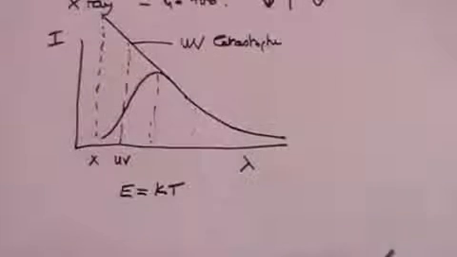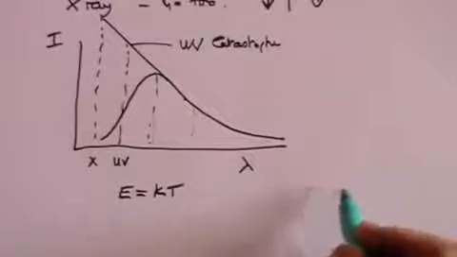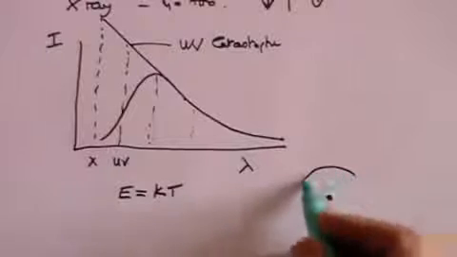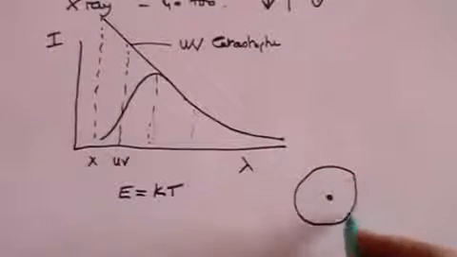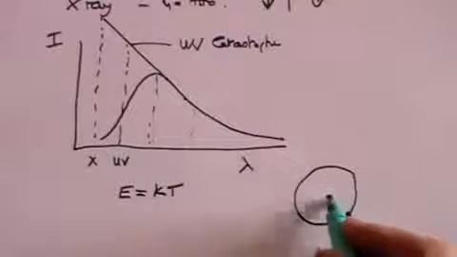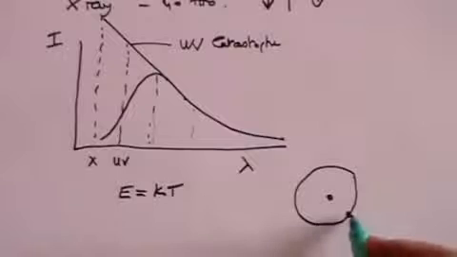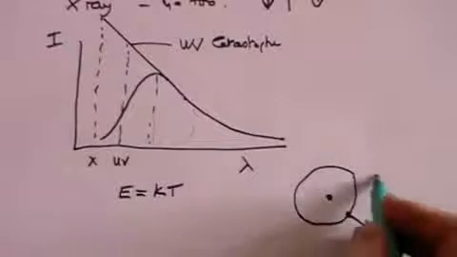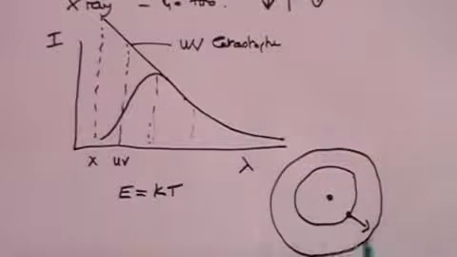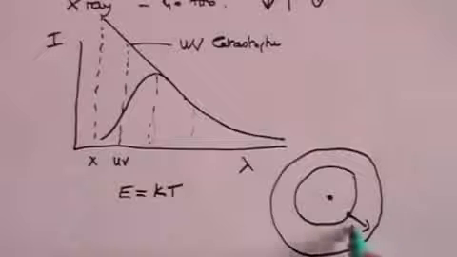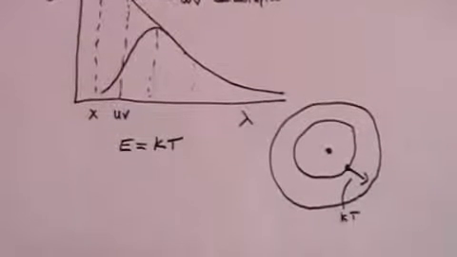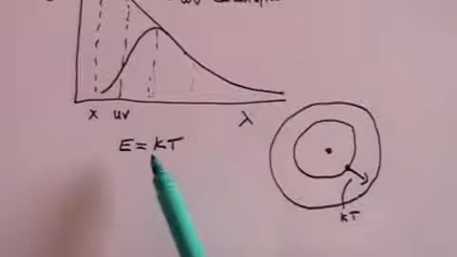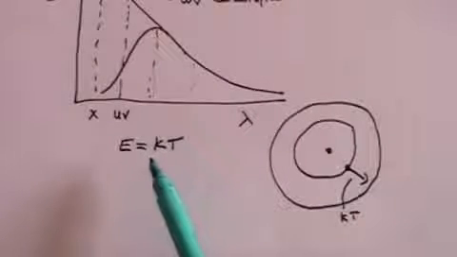Or what we now know quantum mechanically is, if you've got an electron in an orbit around the nucleus, here's the electron, here's the nucleus, you can give it energy to drive it out to a higher energy orbit, but that energy cannot be greater than kT, because kT is the average energy that you've got in that gas.